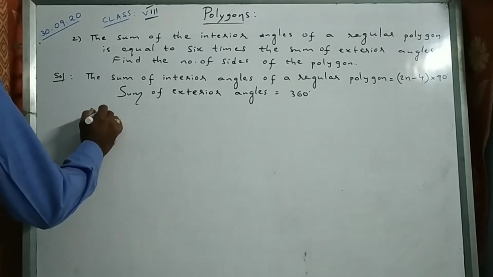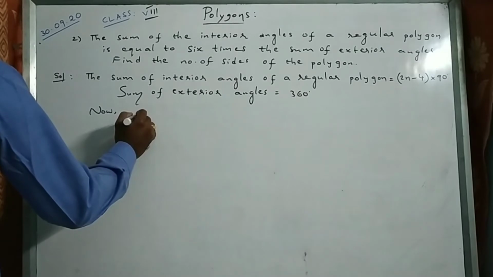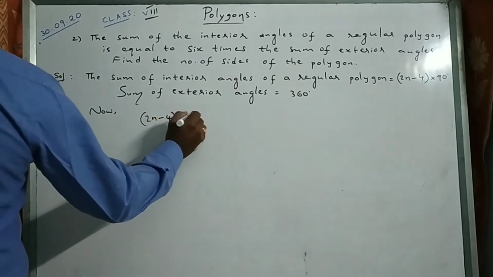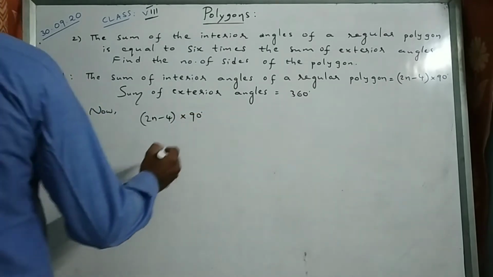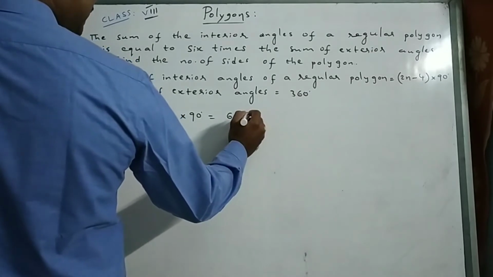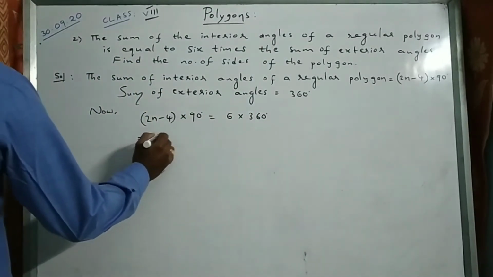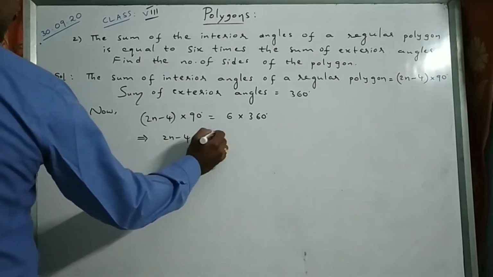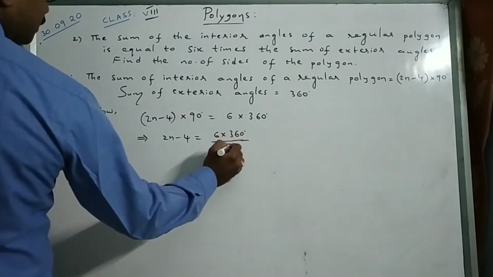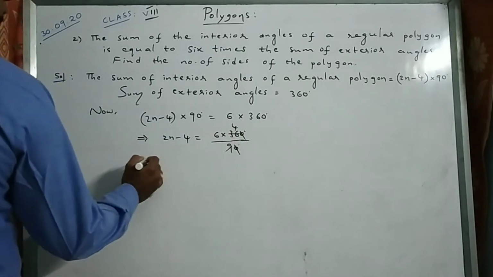Now, question is what? The sum of interior angles, (2n minus 4) into 90 degrees, is equal to 6 times the sum of exterior angles. That means 6 times 360. So 2n minus 4 is equal to 6 times 360 by 90. 9 fours are 36.